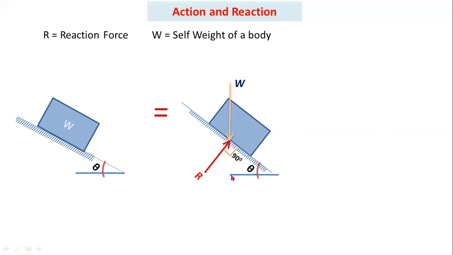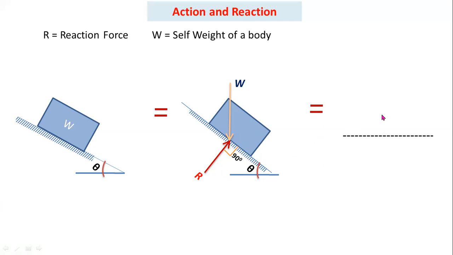For horizontal supports you have to consider vertical reaction. For vertical supports you have to consider horizontal reaction. For inclined supports you have to consider inclined reaction.